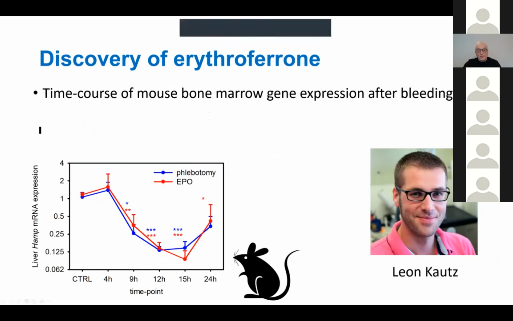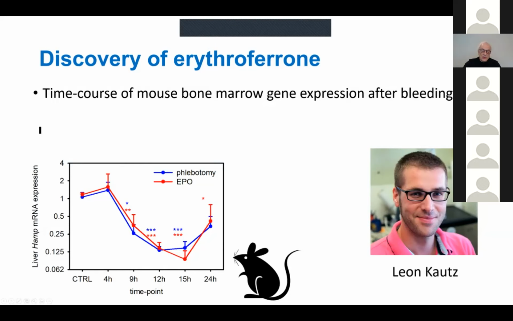What he did is he took some mice, bled them or gave them EPO, and observed the course of hepcidin after the bleeding or the administration of EPO. And here's a time course. In the blue is the effect of a 500 microliter phlebotomy. In the red, there is an effect of the administration of EPO, erythropoietin.